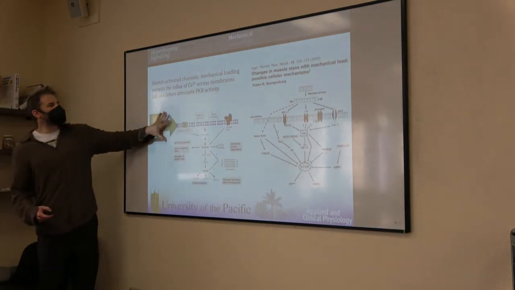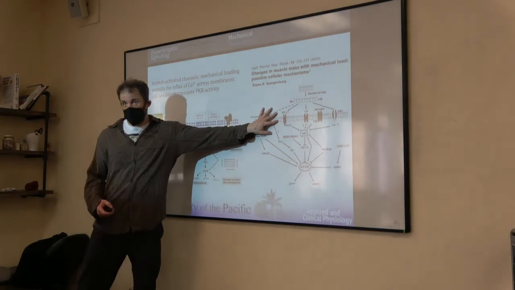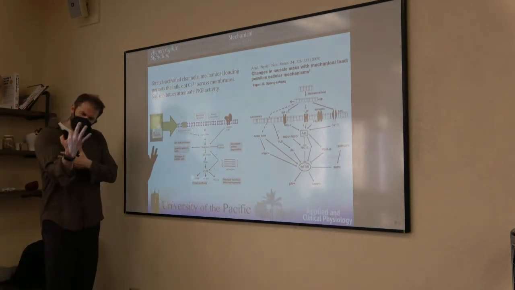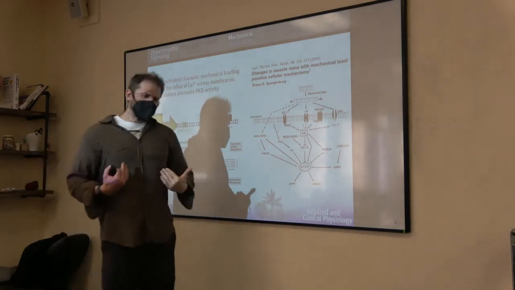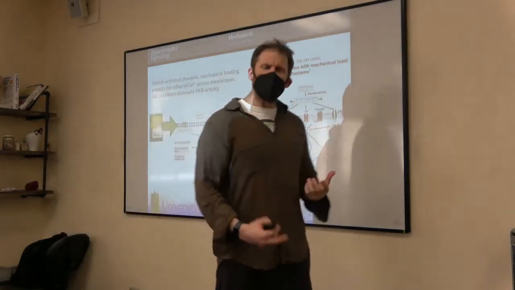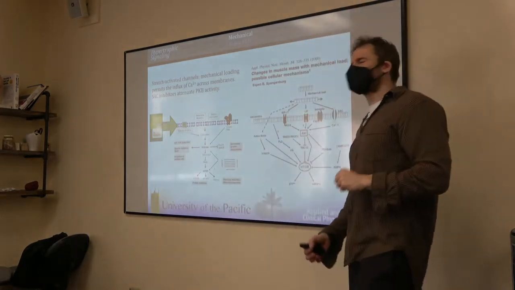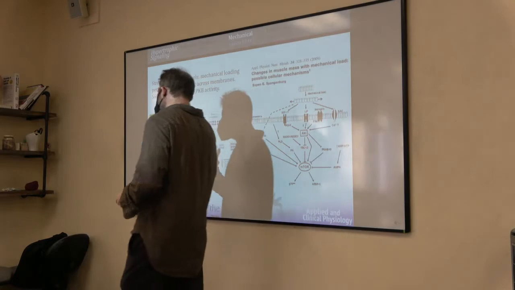Now remember the stretch activated channels, getting calcium into the cell. With especially eccentric loads, we are activating these stretch activated channels, which are permitting the influx of calcium. And calcium does a lot.